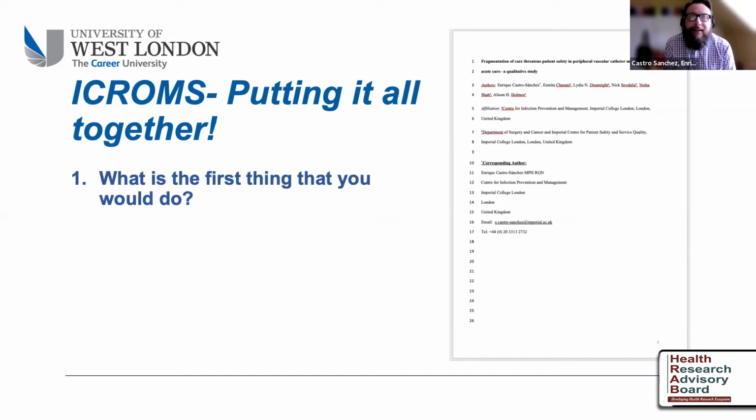So as a reviewer, what would be the first thing that you would do if you had this paper? And I've presented here the submitted version of the paper, which is titled Fragmentation of Care Threatens Patient Safety in Peripheral Vascular Catheter Management in Acute Care, a Qualitative Study. What would be the first thing that you would do? Over to you to let me know.